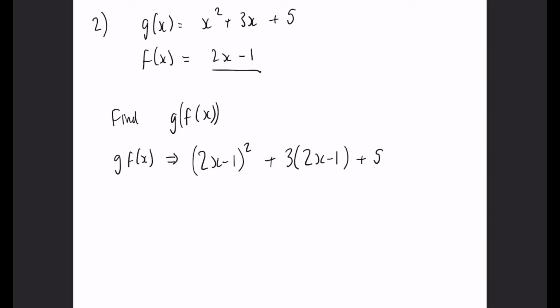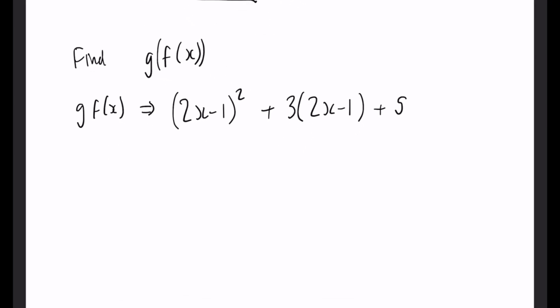And again, just a bit of manipulation to try and simplify this out a bit. So if we expand out this double bracket here, we're going to be left with 4x squared minus 4x plus 1. And this single bracket, 3 times 2x, is going to give us 6x. And then minus 3 times a minus 1 is going to be minus 3 plus 5.